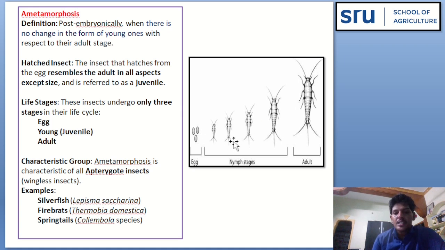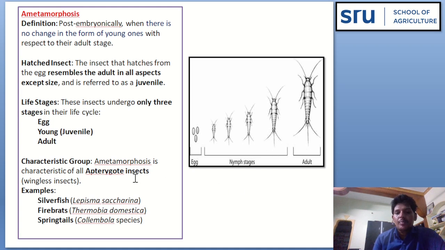The hatched insects resemble the adult in all aspects except their size, and they are referred to as juveniles. The insect undergoes only three stages in its life cycle, that is egg stage, nymphal stage, and adult stage.